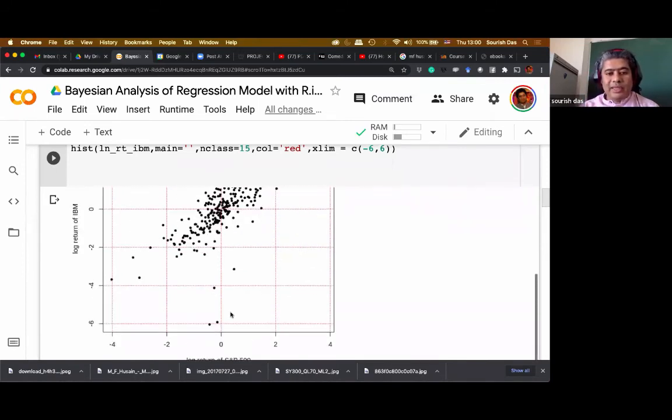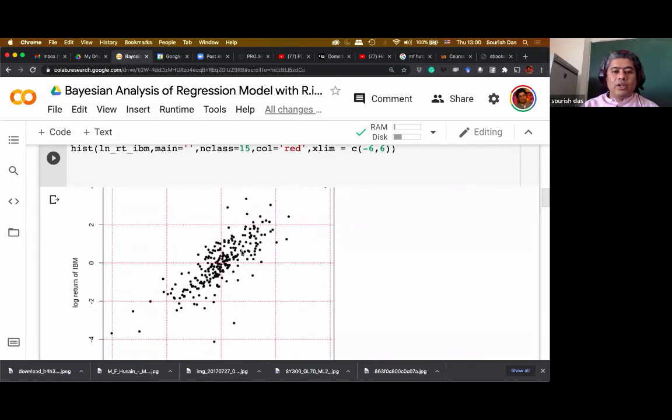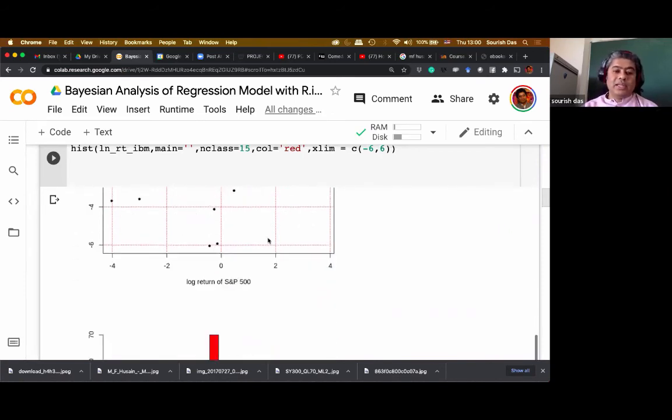There are theories which say that on the upper end they behave a little bit differently, and on the lower end, so basically in a bearish market they tend to behave differently, and in a bullish market they behave otherwise. But just visualizing this, we can simply model it with a simple straight line. So let's take that.